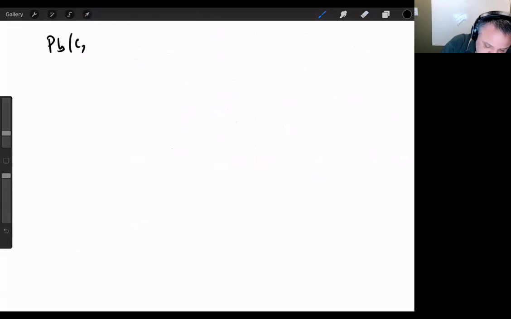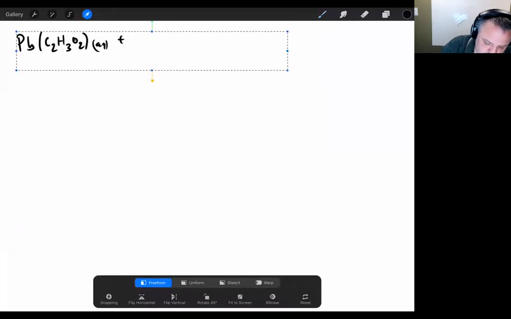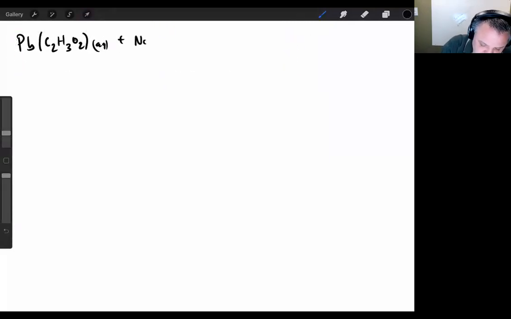So lead 2 acetate would be Pb(C2H3O2)2 aqueous plus, let's do sodium chloride again, NaCl aqueous.